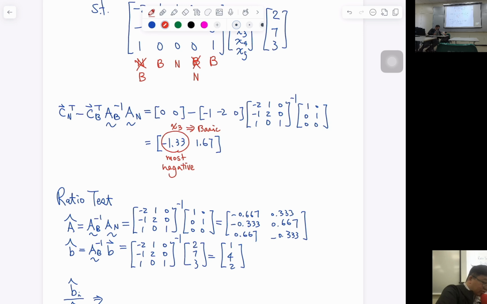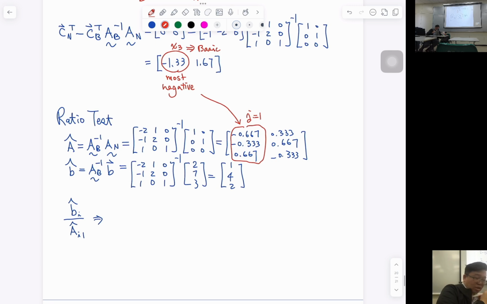So over here, the first column is being chosen. Basically, j equals 1, right? The first column. And we are doing the ratio test, 1, 4, 2 over the coefficients. Obviously, I don't even need to solve it.